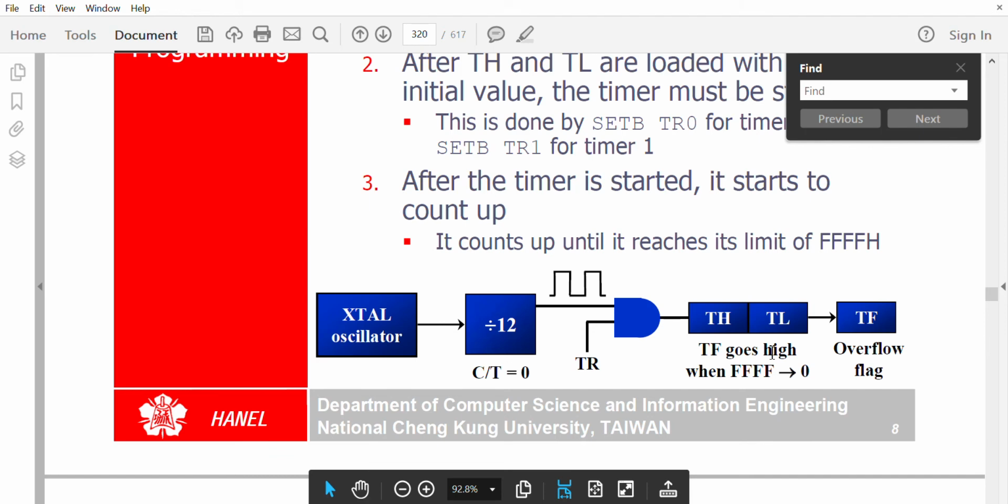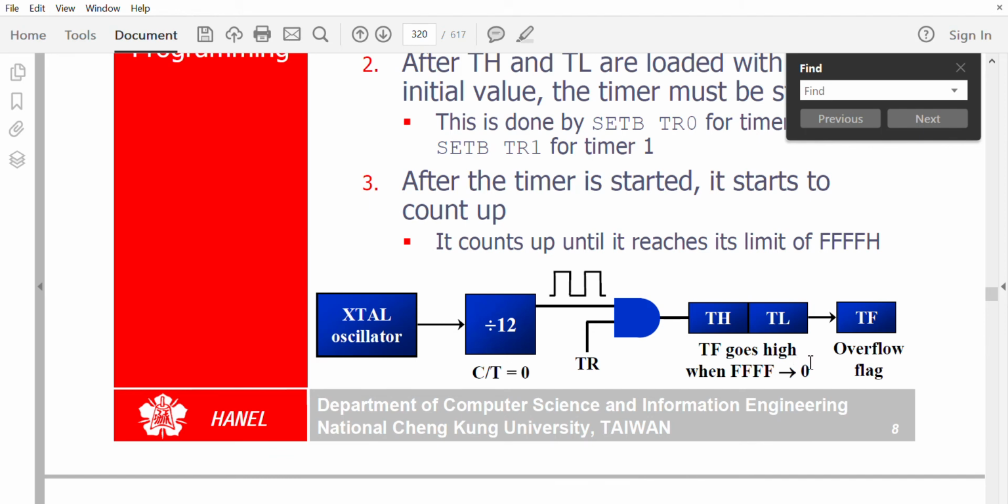From the initial value, it will count up to where? It will count up to FFFF. So it has reached the maximum value FFFF. So when one more clock pulse comes, the next count will be 0000.